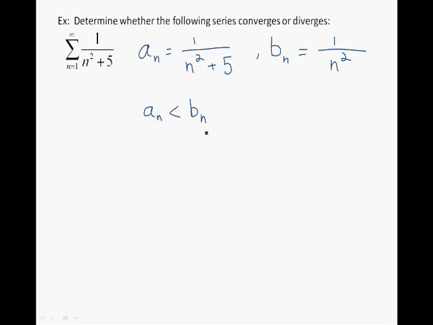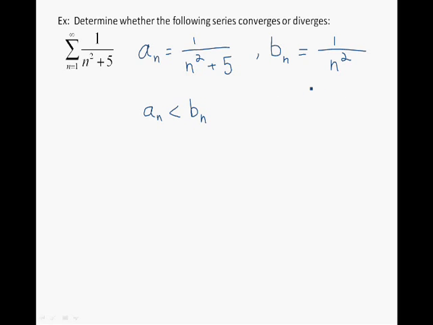Also, an is less than bn for all n. This is because of the number 5 on the denominator, which makes the denominator of an slightly greater than the denominator of bn. Hence, the values of this expression will always be less than the values of this expression.